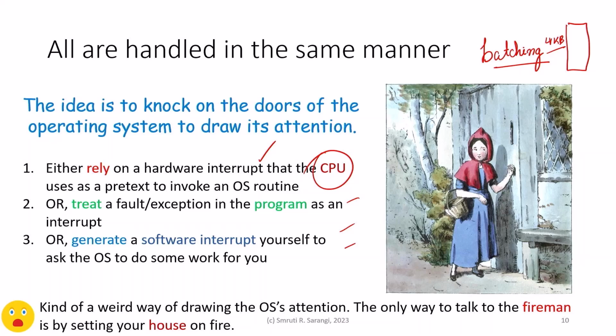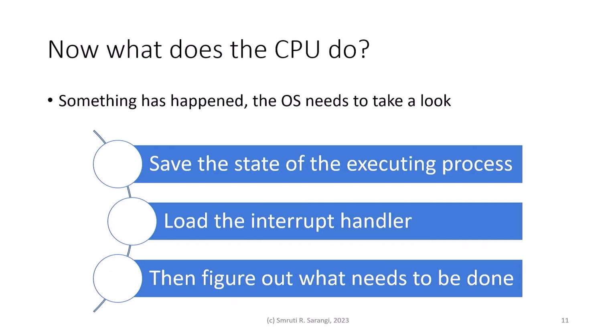So far so good? Alright, so we have looked at the main mechanisms. So what does the CPU basically do? The CPU, as we have seen, saves the state of the executing process. This state is known as the context.